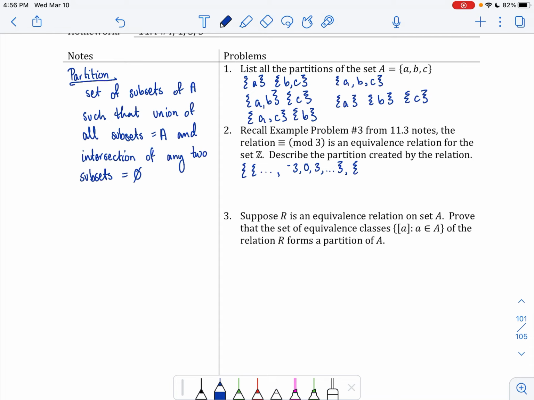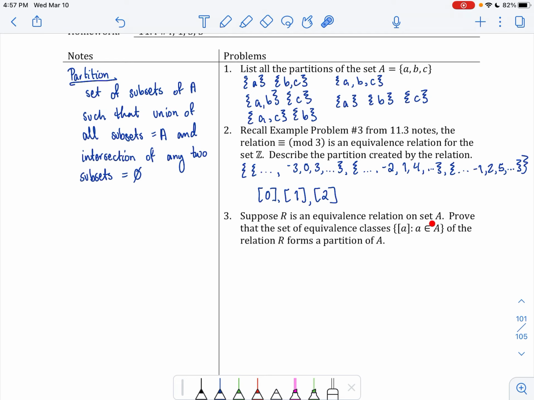We then had another set of -2, 1, 4, and our third set was -1, 2, 5, etc. And so what you'll notice here is that these are also the equivalence classes of 0, I think is how we wrote it in the notes, the equivalence class of 1 and the equivalence class of 2. And so this idea is what we're going to look at in number 3.